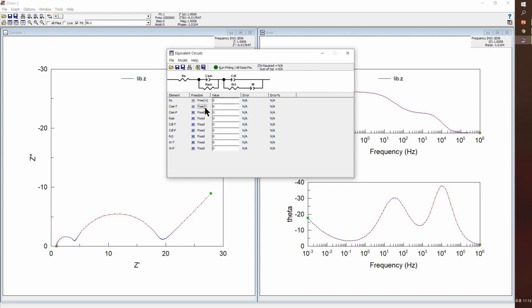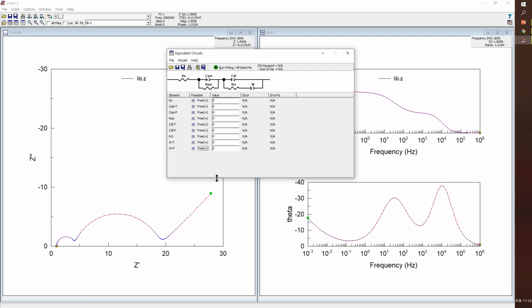One more click, free, means this value could be positive and also negative, but positive is enough. Okay, that's it.